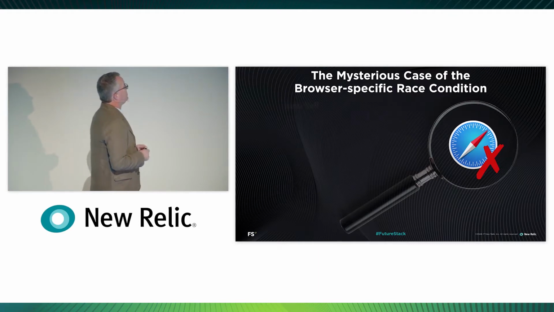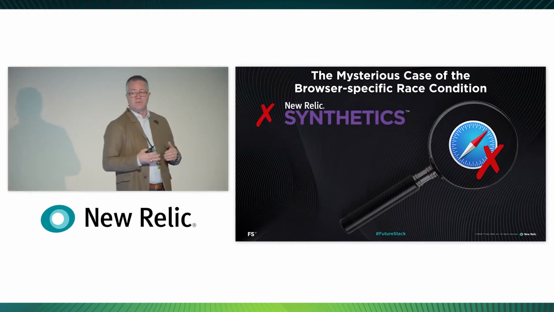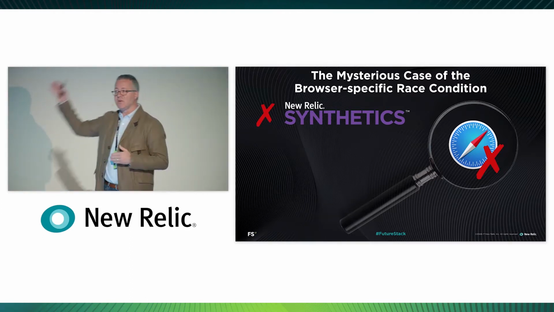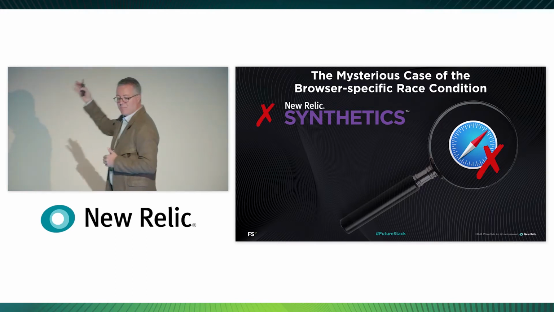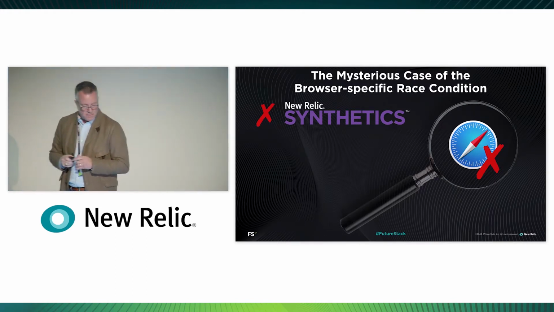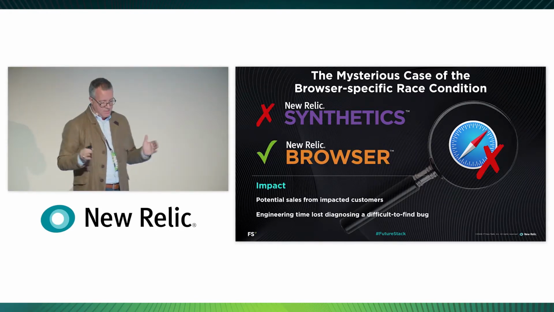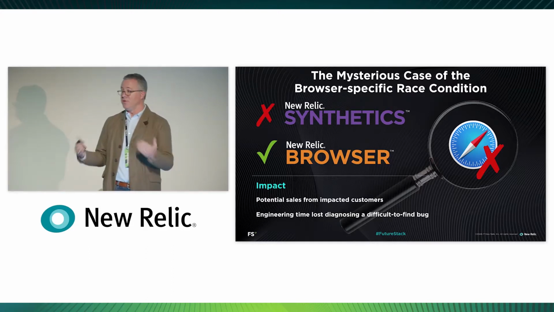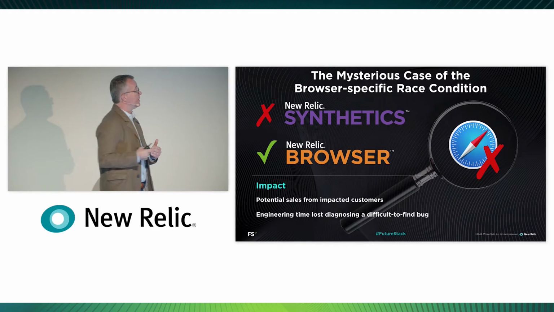Now, as we talked about, to keep the variables low, Synthetics only runs on Chrome. So it's never going to catch that issue with the JavaScript running in Safari. However, Browser will catch it because Browser is capturing every combination of variables that users are bringing to the site, including every different browser that customers are using.